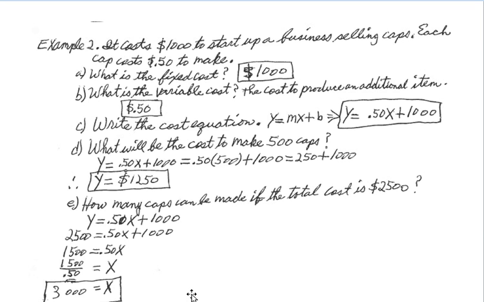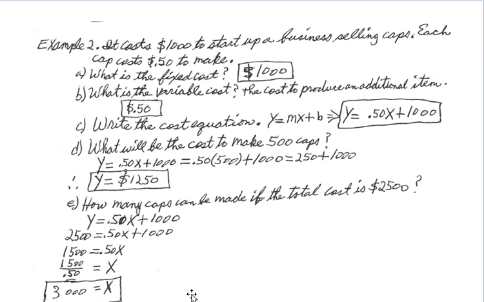So to figure out what the cost of 500 caps would be, we take the equation y equals 0.50 x plus 1,000 and substitute 500 for x.